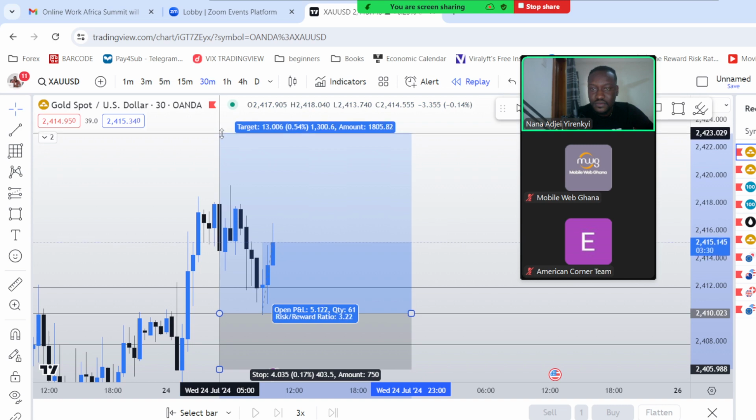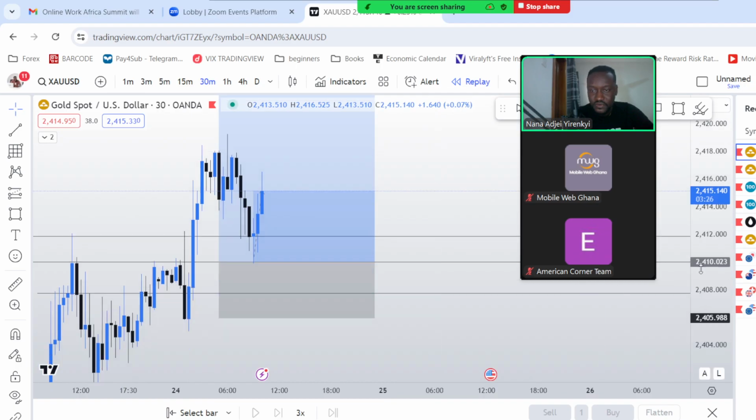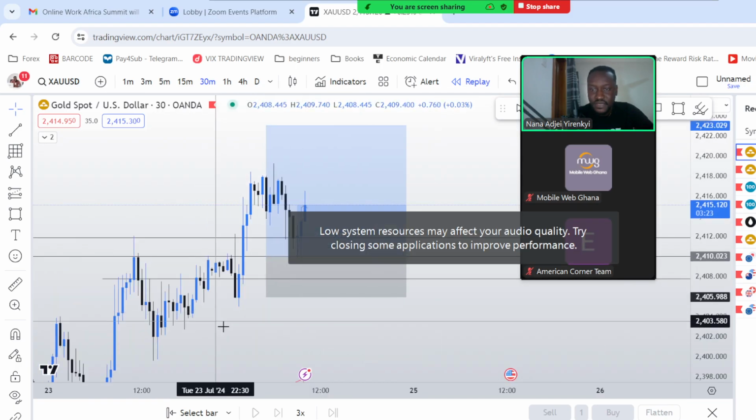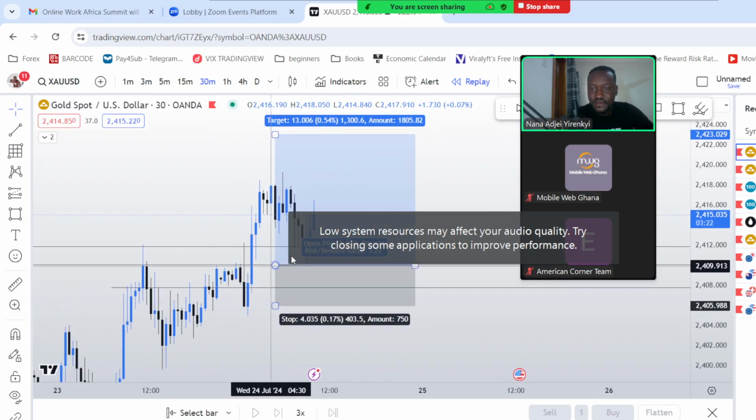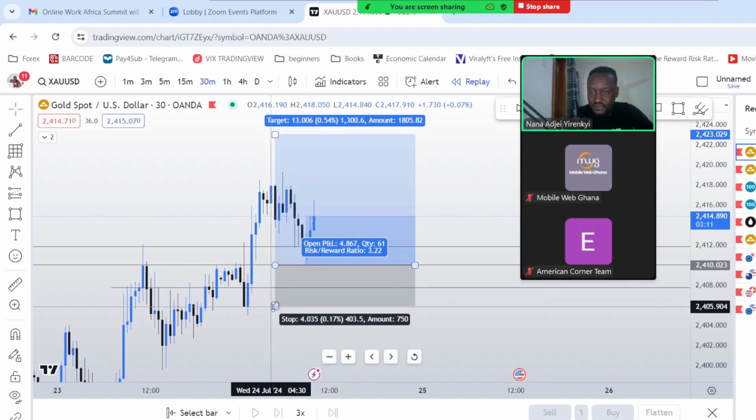Using this same analogy, because I have critically analyzed my market, and I realized that the market would start selling or buying from here, I placed my trade around this area, and then I placed my stop loss around this area.